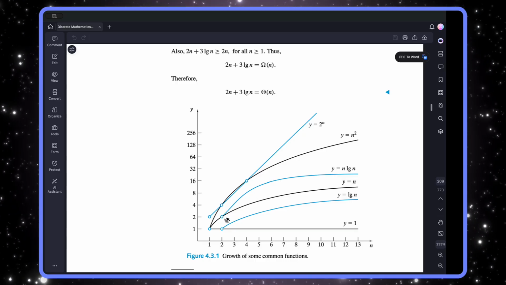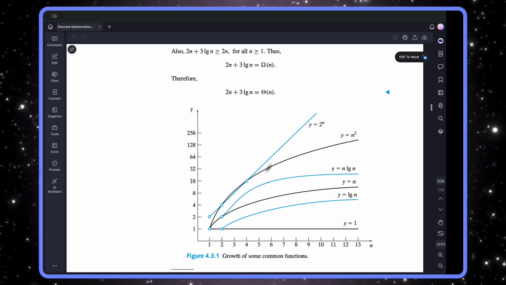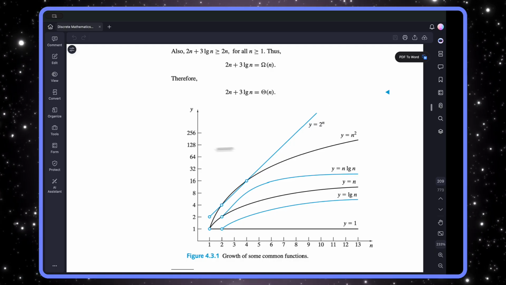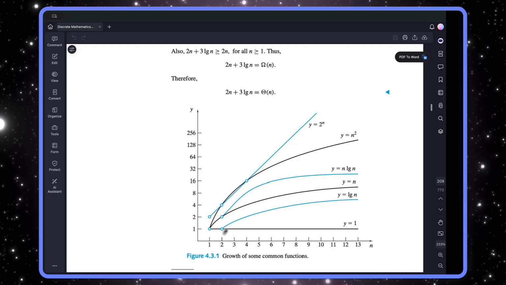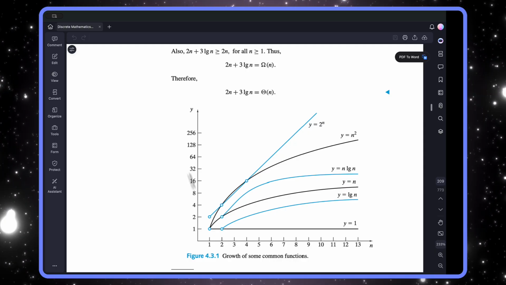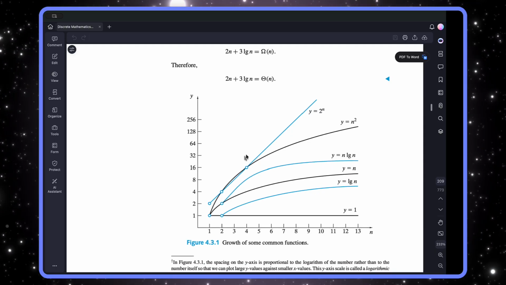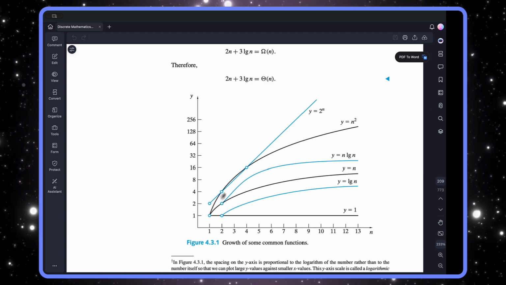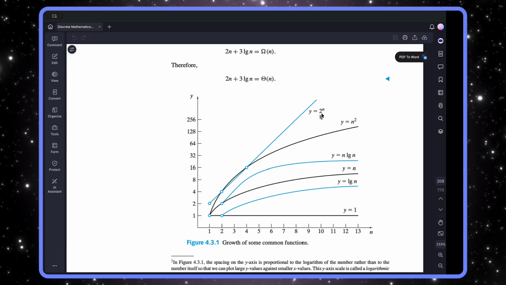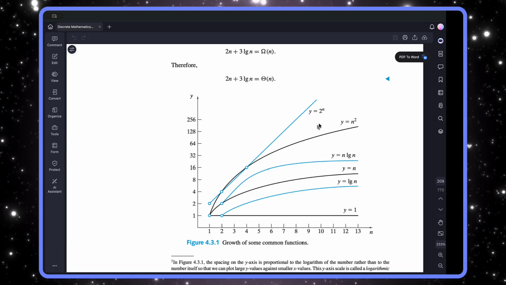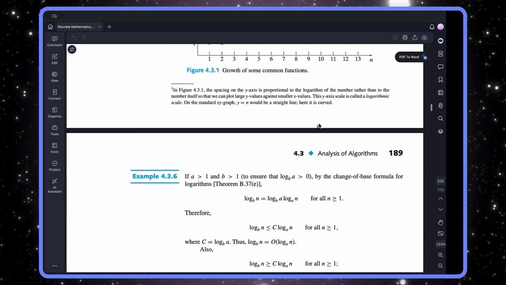Or if we found out that a function grew like 2 to the n, obviously the coordinates have been shrunken down here. This is a line, so this must be a logarithmic graph or something. But the big one here that we want to avoid when making algorithms is y equals 2 to the n. In a nutshell, that's what's going on here.